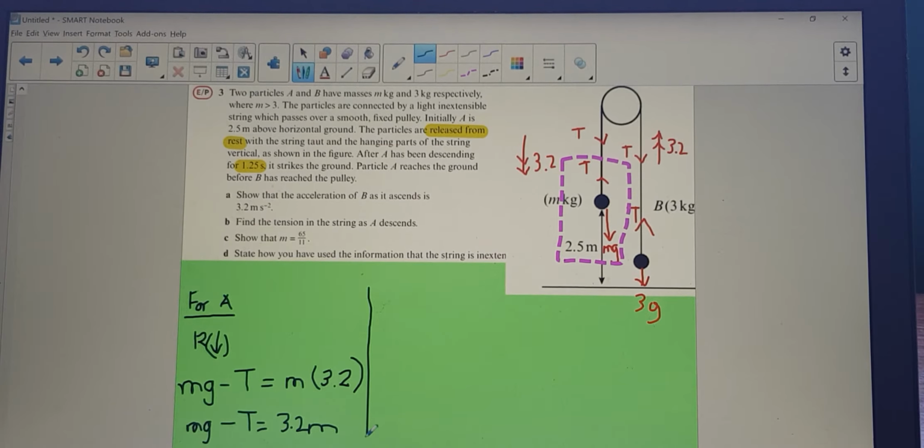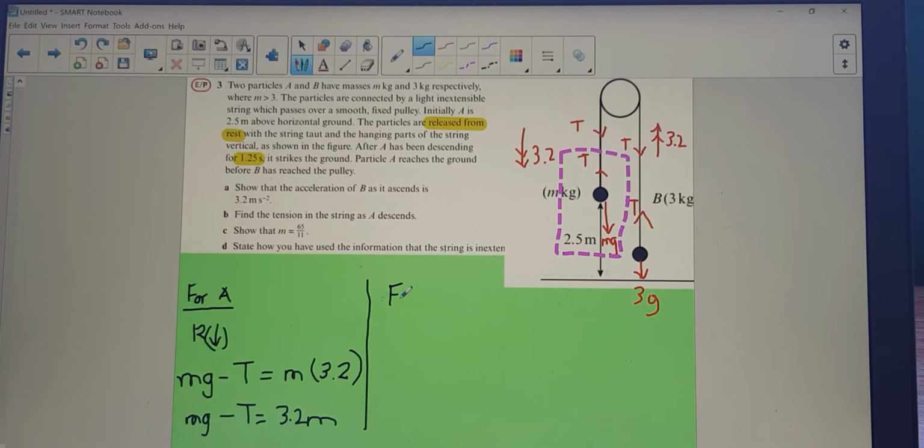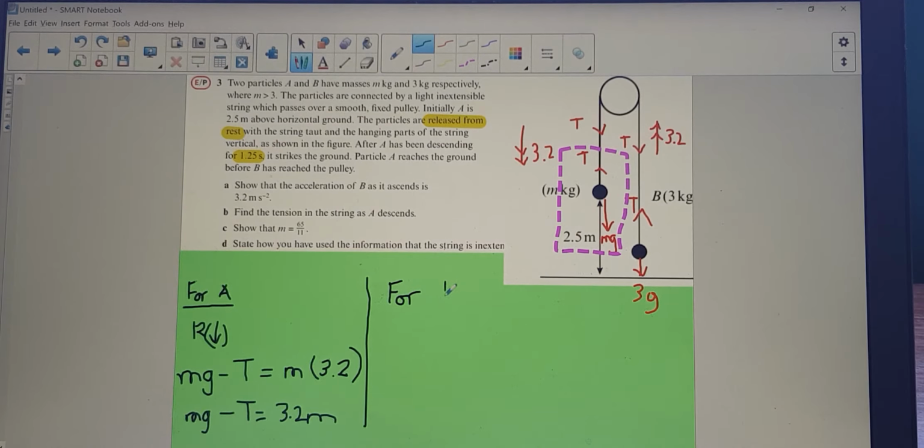So now I'm just going to do particle B. I'm going to do exactly the same process. Look specifically at what forces are acting on this particle this time. I'm going to call up positive because that's the way in which it's accelerating.